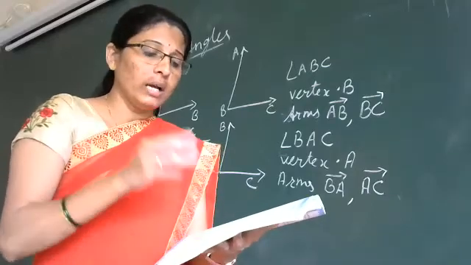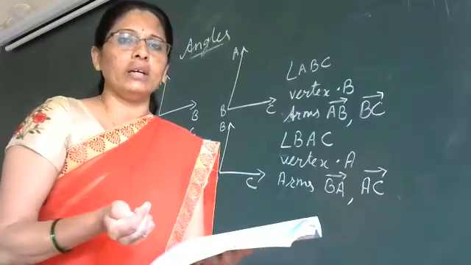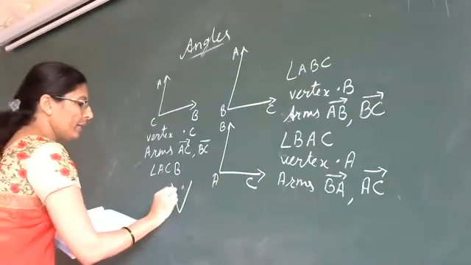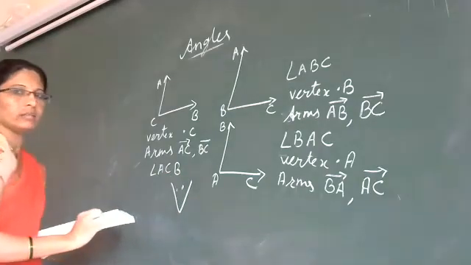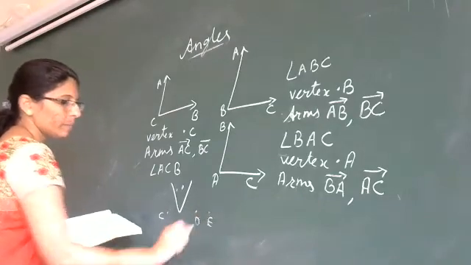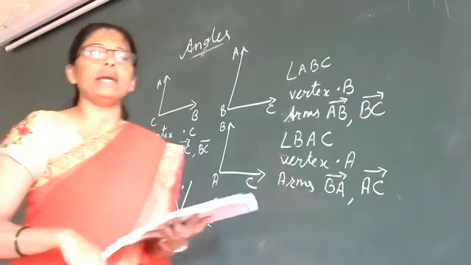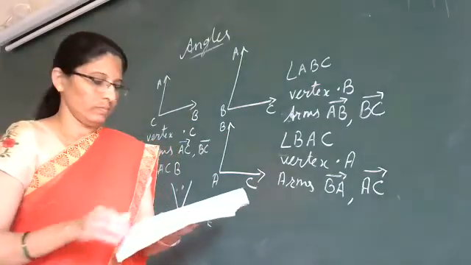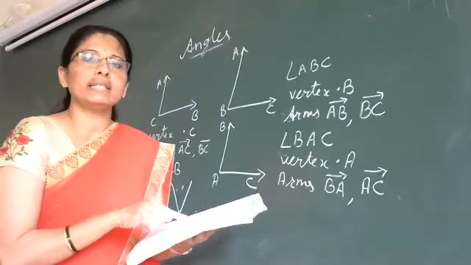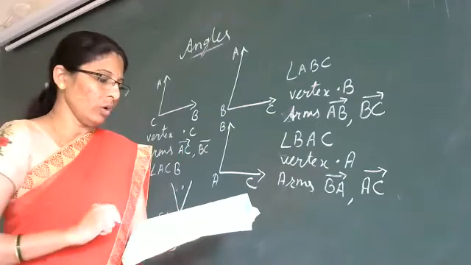Outside of PQR, C, D and E is there. And inside A, B is there. You can see now like this is the angle. Here point A and point B is there. And here point C, point D and point E. So these are outside. Inside only A and B is there. Inside the angle is A, B and outside is C, D and E. Okay? You can write here only.